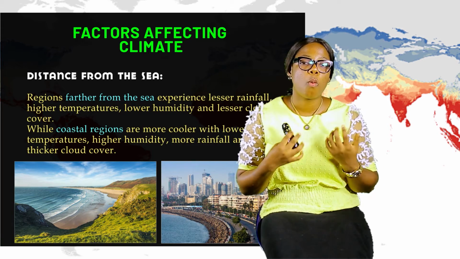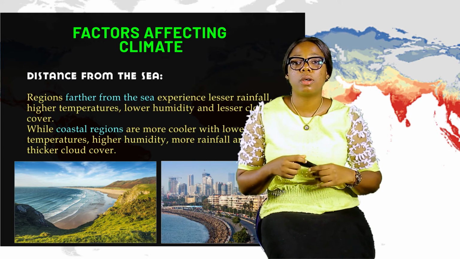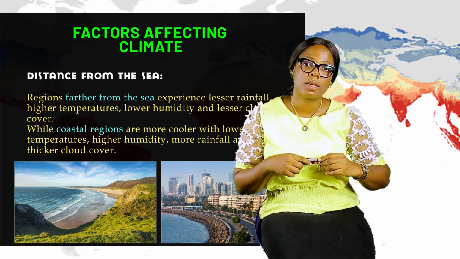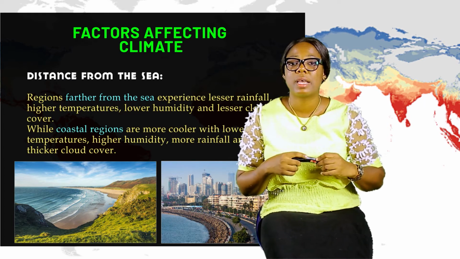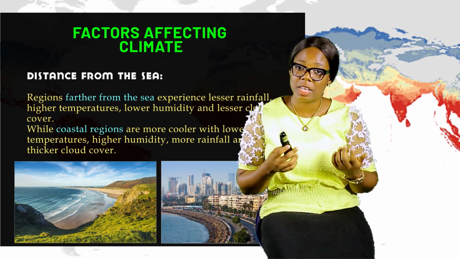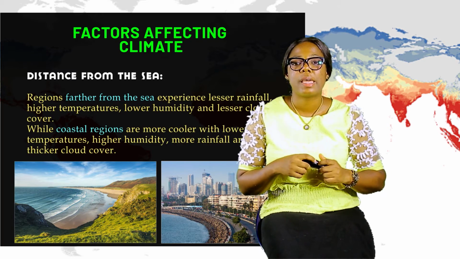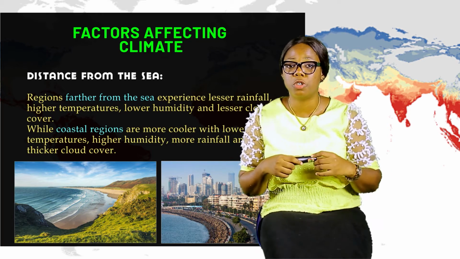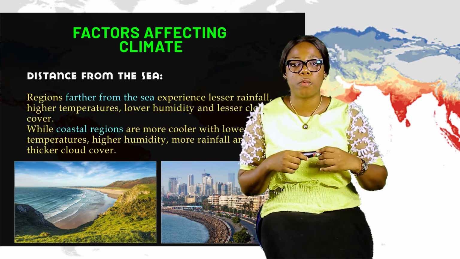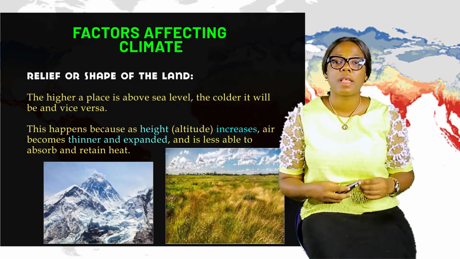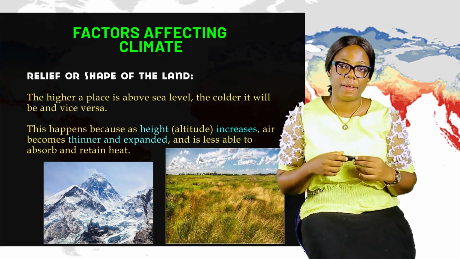This is because warm air from the ocean does not need to travel long distances to form cloud covers that can also lead to precipitation in the form of rainfall. This helps to keep coastal regions cooler than regions far from the sea. Relief or shape of the land.